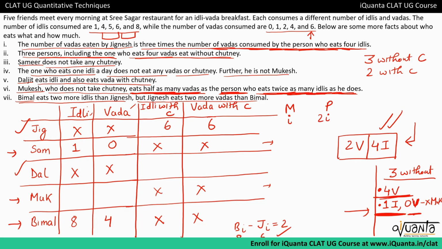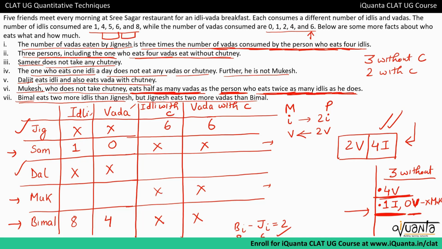And if that person is eating 2V vadas, Mukesh will eat V vadas. This is using the 6th clue, because Mukesh is eating half as many vadas as the person who eats twice as many idlis as he does.